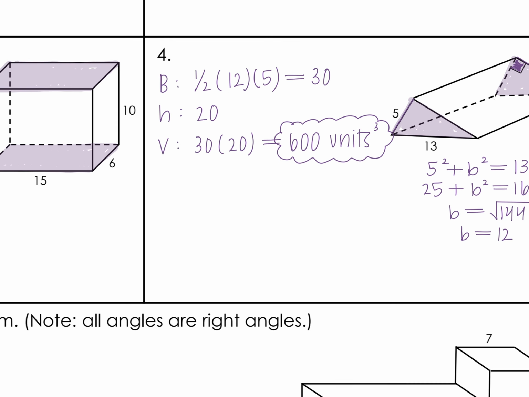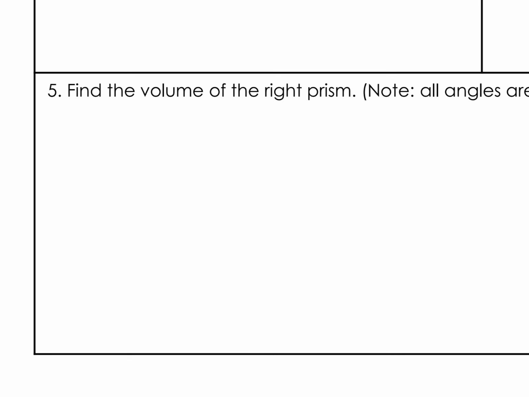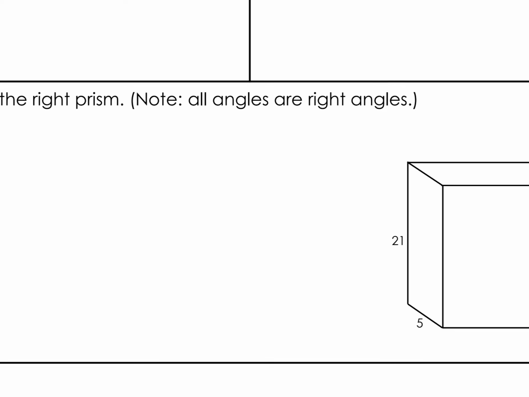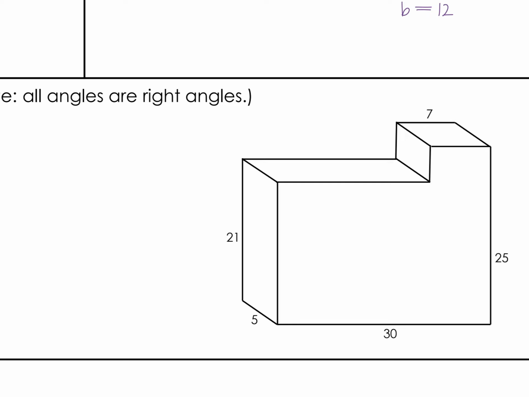All right, moving into the last one for this front side, we have find the volume of the right prism. Note, all angles are right angles. Okay, so here we can find our capital B and then multiply it by the H, or you can separate this into, so I'm going to draw a little shape here, two rectangular prisms.